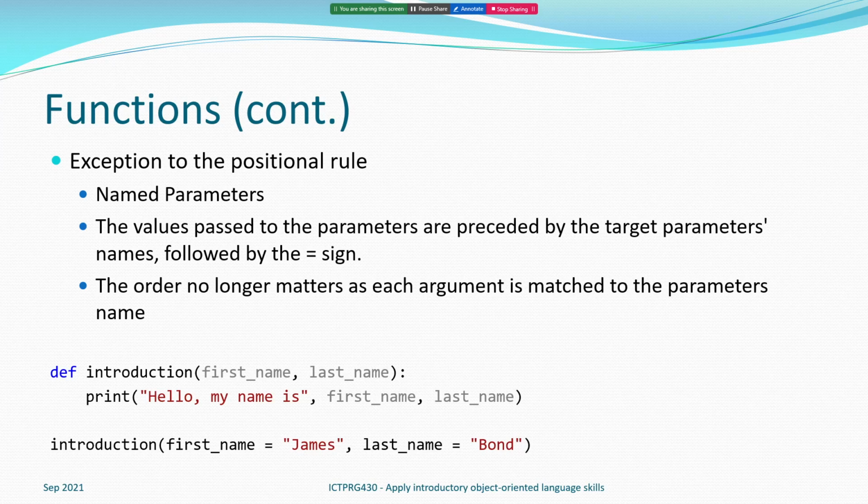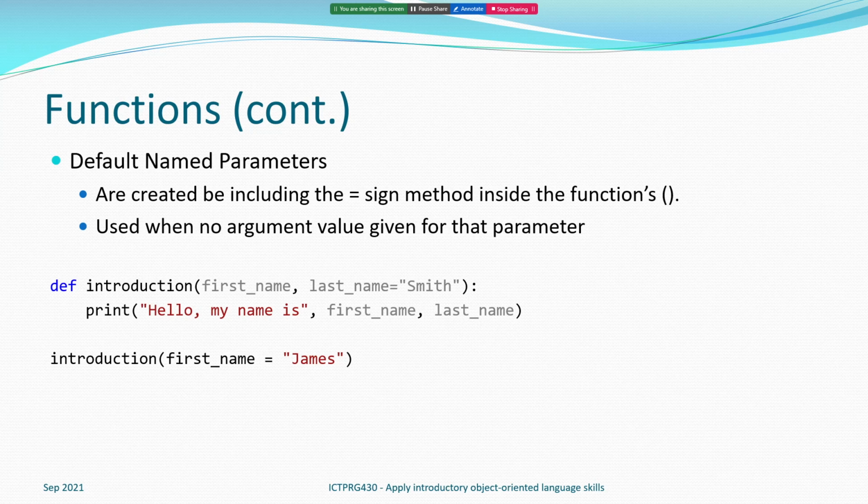But when you're invoking them and you use the named parameters, so first name equals, for this example, the order will not be as critical, because you can then clearly see what the values are, so you can mix them up.